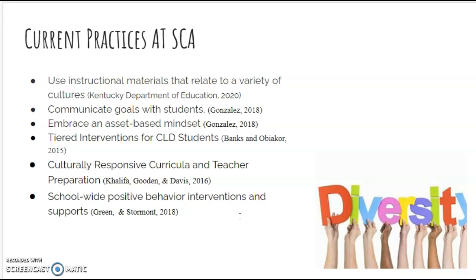We also see some of these goals as how do they want to develop more as a student, as a sibling, as a family member, and setting those goals with those kiddos. Embrace an asset-based mindset. Tiered interventions for CLD students. We have culturally responsive curricula and teacher preparation, and school-wide positive behavior interventions and supports.